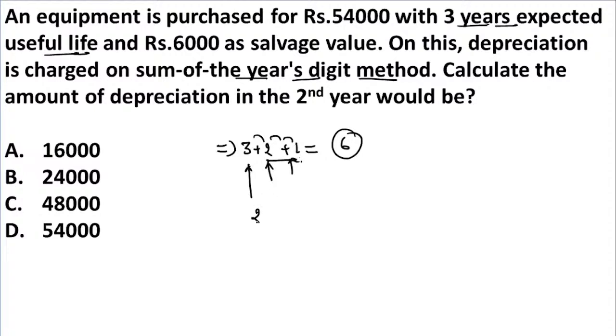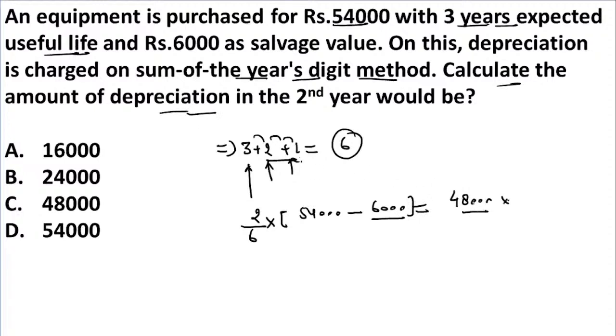So for the second year depreciation, that will be 2 by 6 into the total cost of the machine, which is given as 54,000 rupees, minus the residual value, which is 6,000. Now you have to find the amount of depreciation. We know that is 48,000 rupees, multiplied by 2 divided by 6, and the value would be 16,000 rupees.